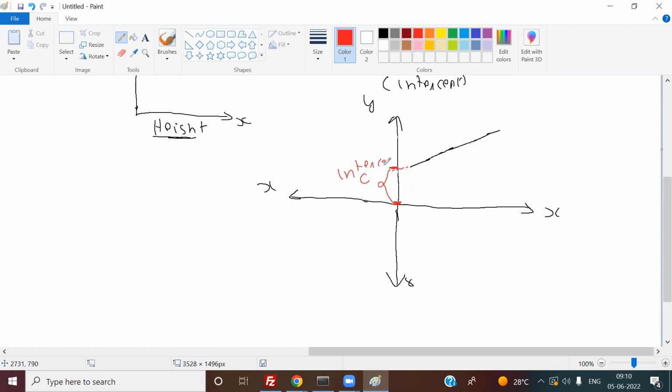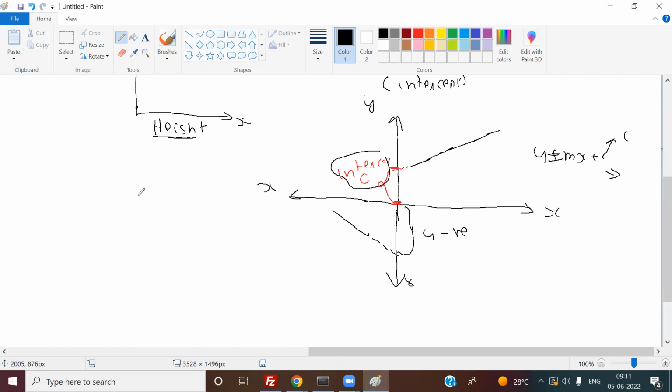From the diagram, you can notice that this C can be negative also, because if this is a line, then the intercept would be this thing, and since it is below the x-axis, the y value would be negative. So this is known as y is equal to mx plus c. Either you call c a constant or you call c the intercept.